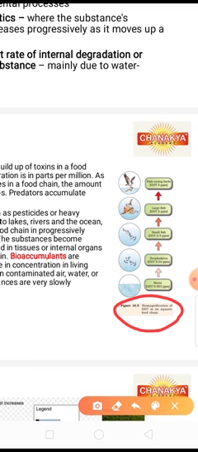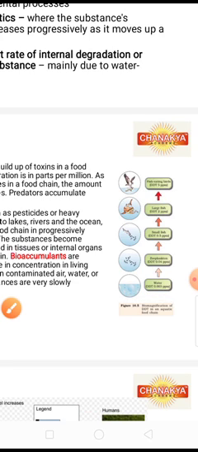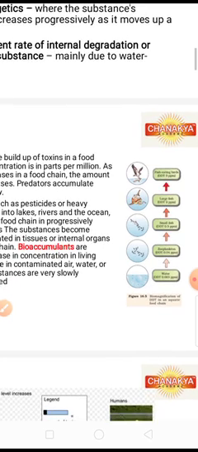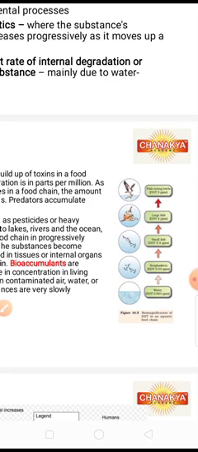If this DDT gets mixed into the water, or flows into water bodies, what will happen? The concentration of DDT in water will be 0.003 ppm, that is parts per million.